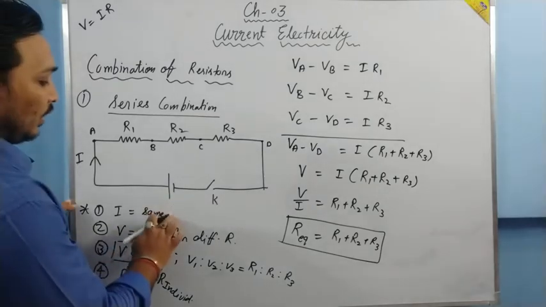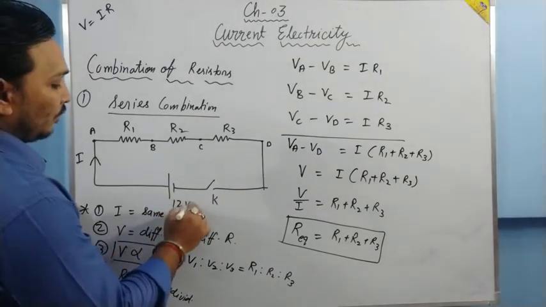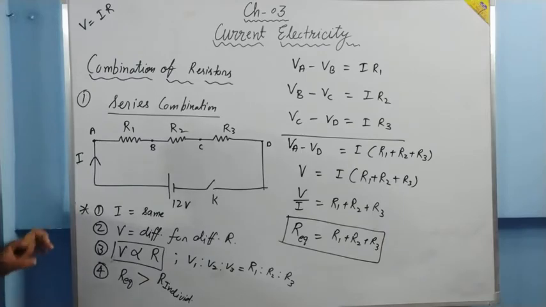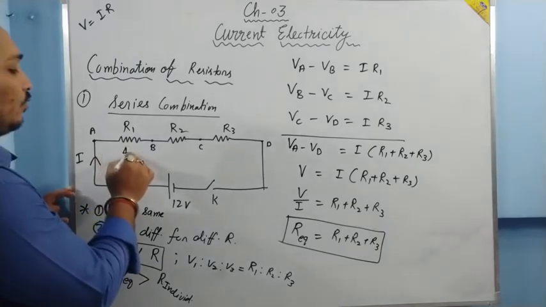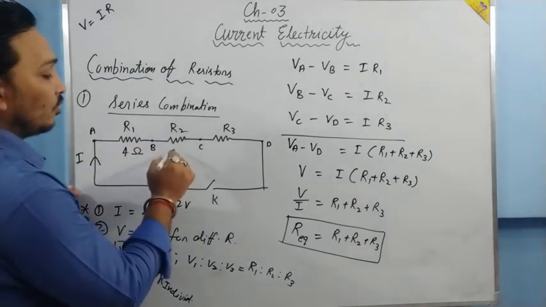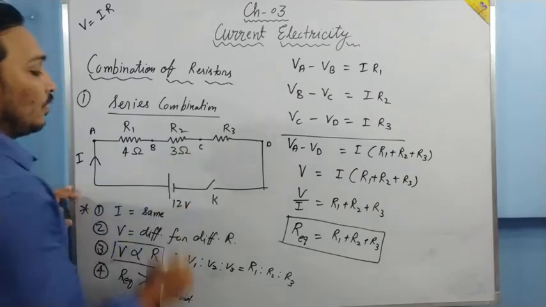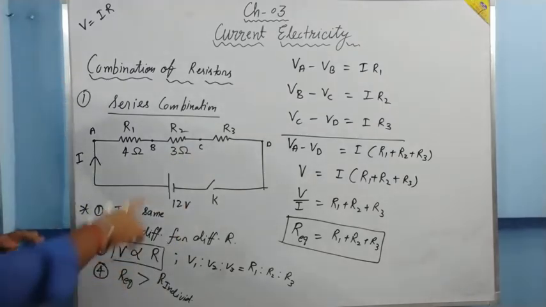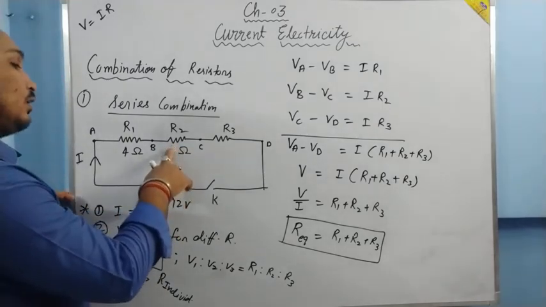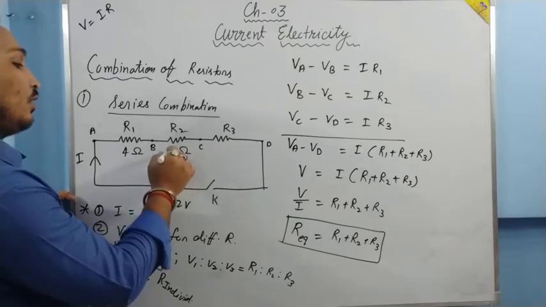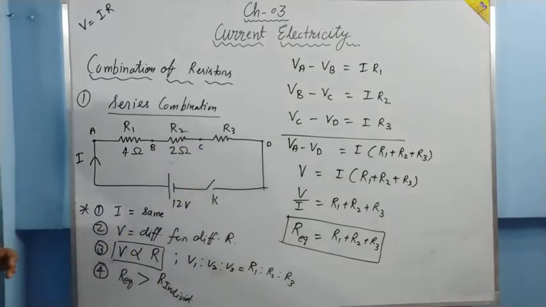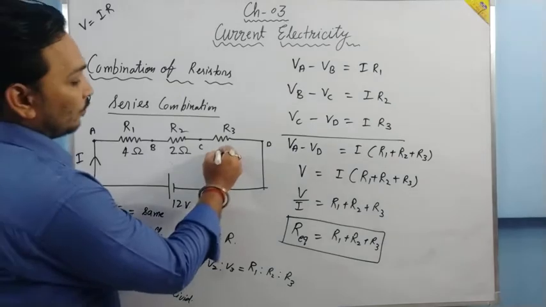Suppose this cell is of 12 volt. This resistance is of 4 ohm, this is of 2 ohm, and this is of 1 ohm.